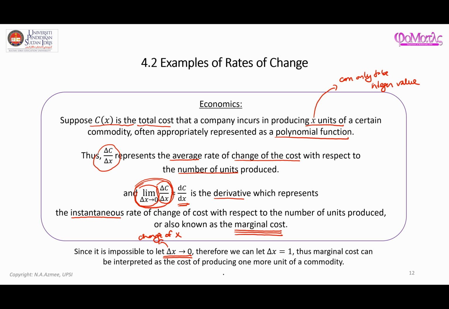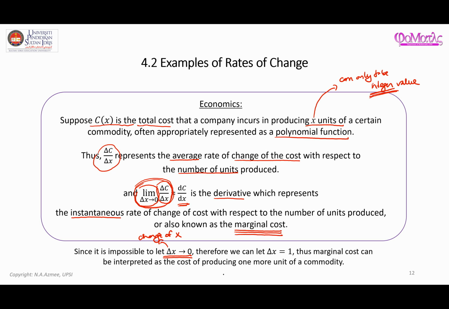Why? Because x here is the units of something that you produce, for example, 10 units of bicycle or 500 pairs of jeans. That kind of thing can only take integer values.